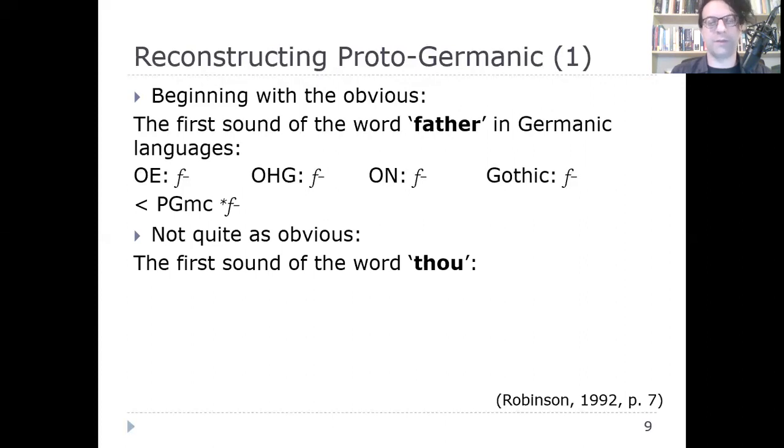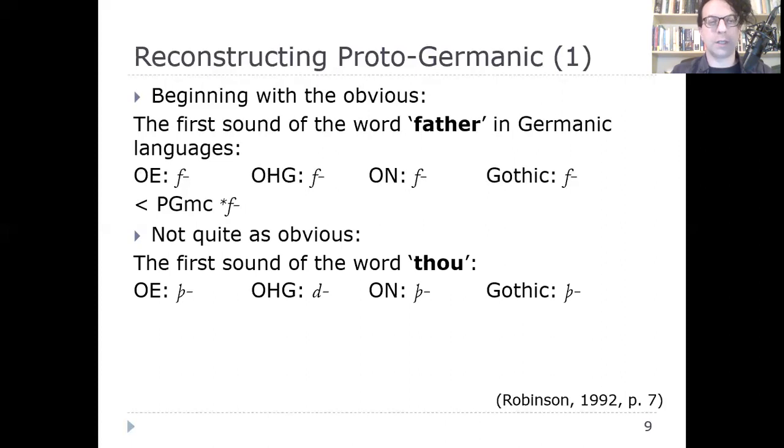If we look for the first sound of the word thou. Now the word thou in English has had a strange history. It sounds very Shakespearean today. That's because this word has dropped out of use, but it is the usual second person singular pronoun, okay? So the second person singular pronoun in the nominative case would be thou in English.